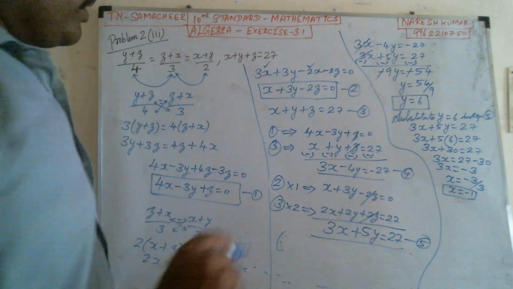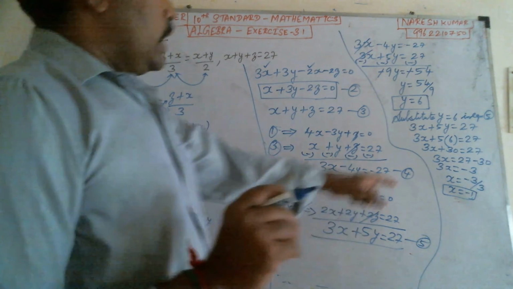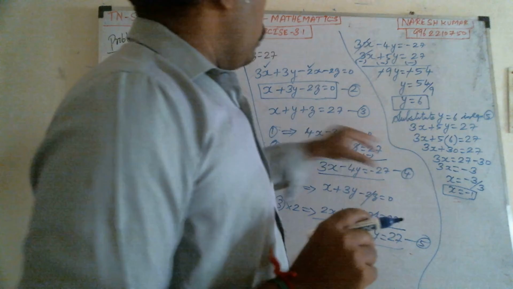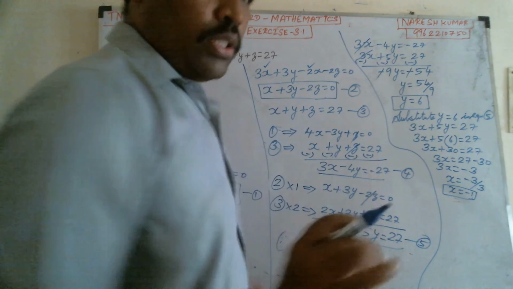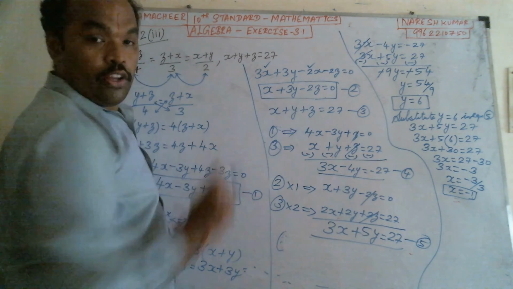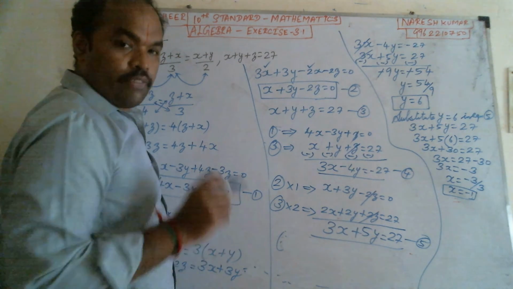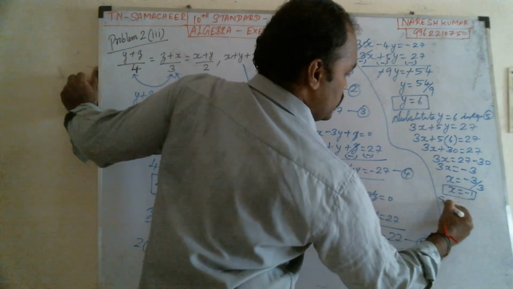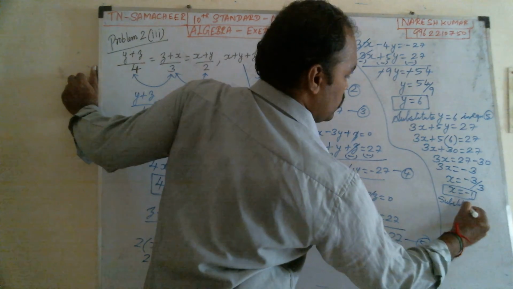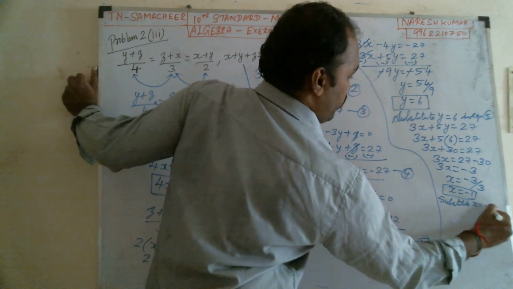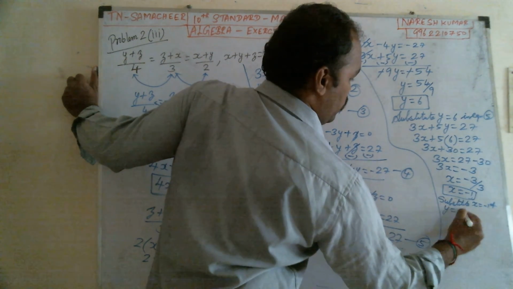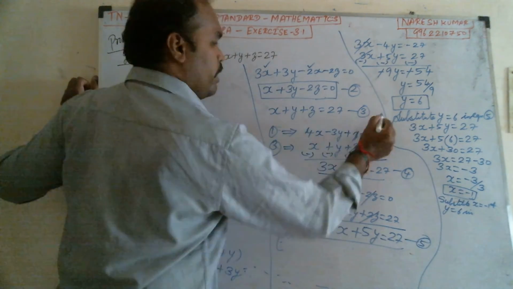So now the x value and y value we have found out. Then next, the z value we need to find out. So for the z value, how do we need to go? Substitute x equal to minus 1 and y equal to 6 in equation 3.